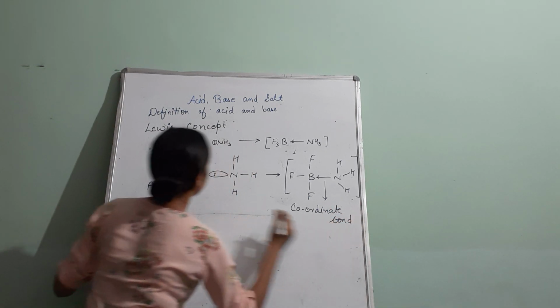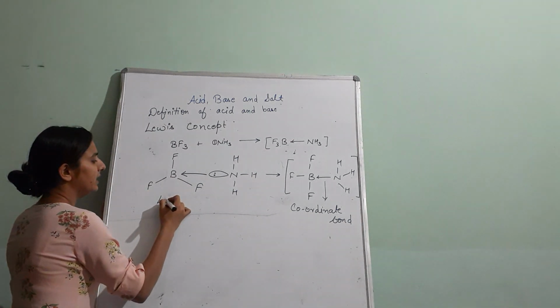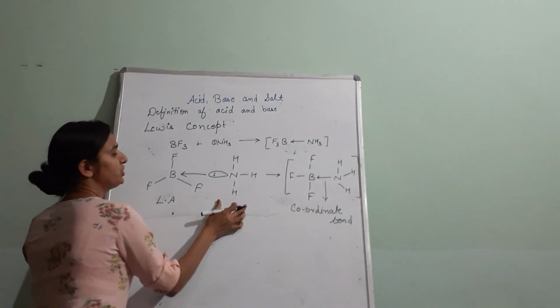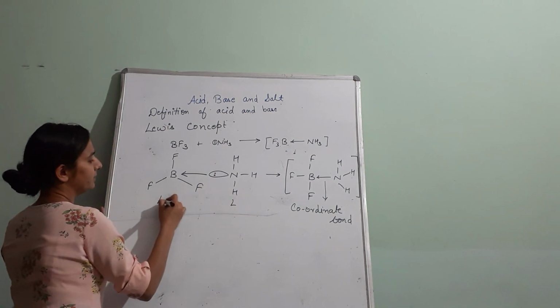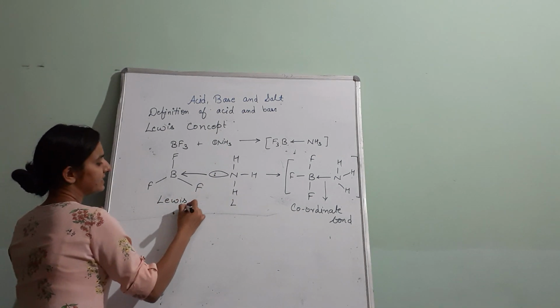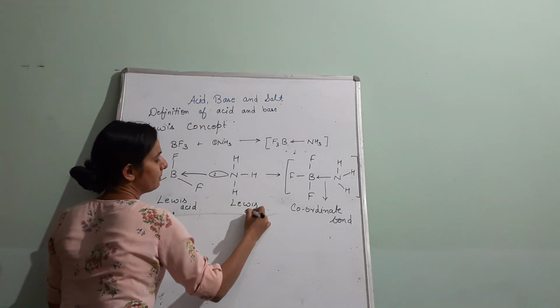So now BF3 is ready to accept an electron pair, Lewis acid, and NH3 donates an electron pair, Lewis base.